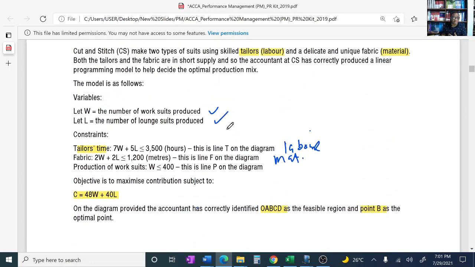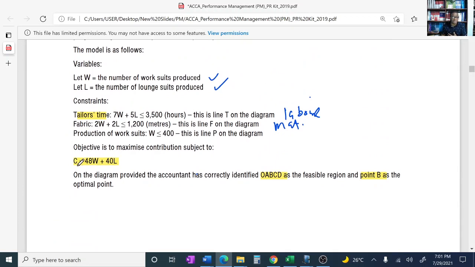All right. Then the objective function. Now, this is needed to work out the maximum contribution. So it means that for every unit of W produced, it generates a contribution of 48, and L generates a contribution of $40 each. Now, on the diagram provided, it said the accountant has correctly identified OABCD as the feasible region and the point B as the optimal point.